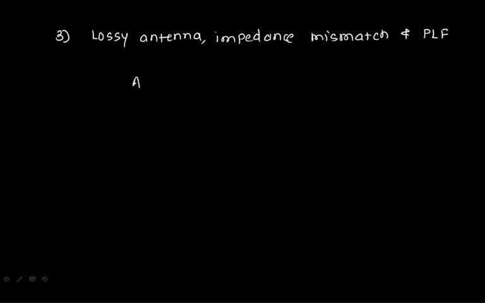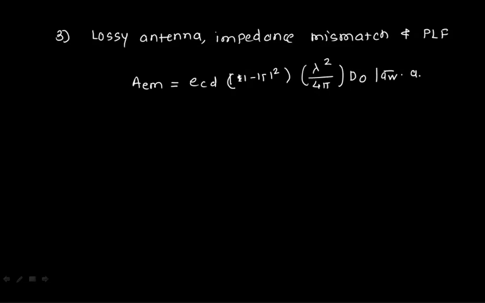In this case, my effective aperture will become ECD, then 1 minus tau square, then lambda square by 4 pi into D0, and the polarization loss factor, that is the wave unit vector and antenna unit vector, square. So this will be your complete effective aperture.